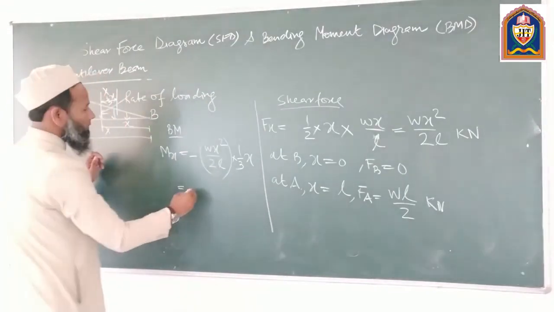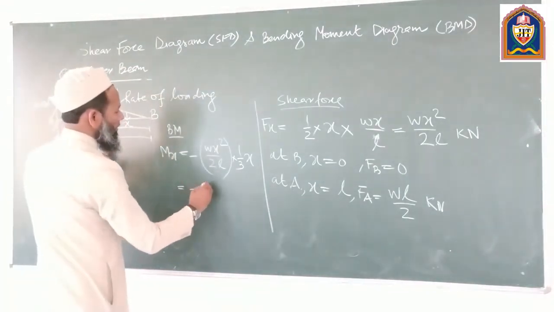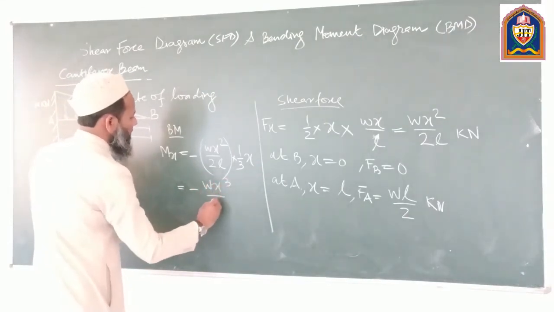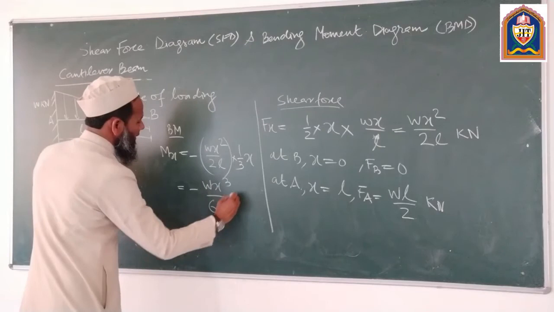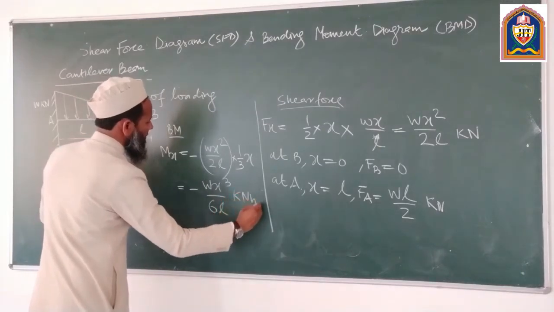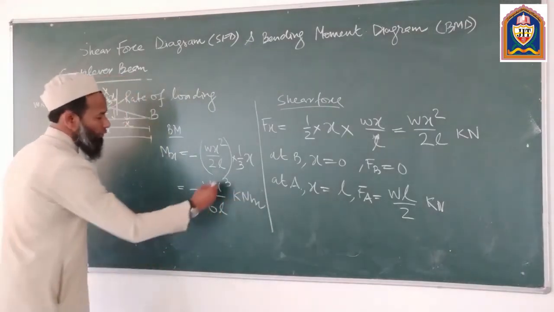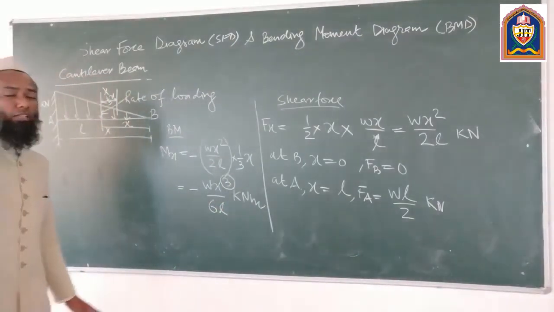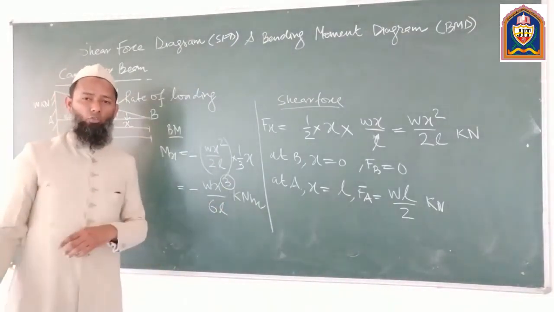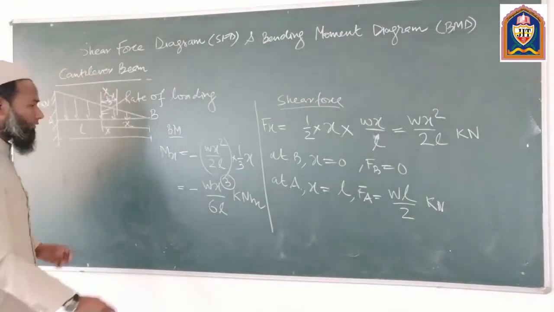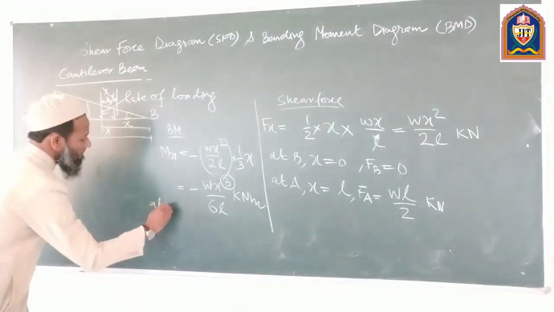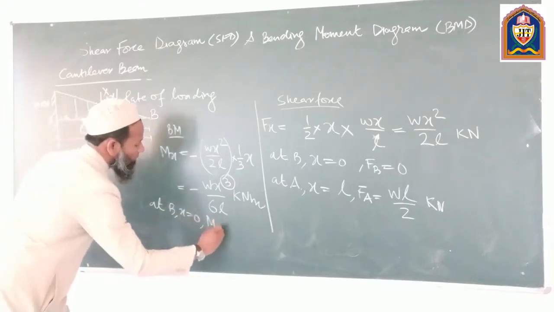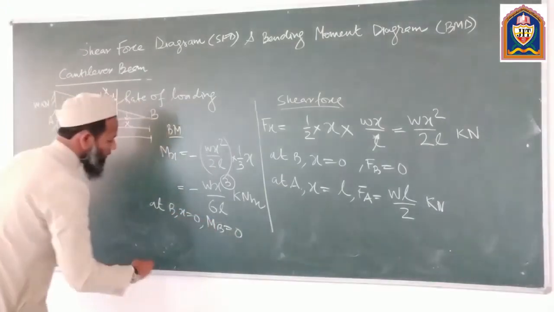So, I have to put a minus sign here. So, this will totally come out to be Wx cube upon 6L kilonewton meter. Now, you have to take into consideration the power is 3, so the variation is cubic in nature. You have to draw a cubic curve there to show the variation. Now, at point B, x is equal to 0, so MB is equal to 0.